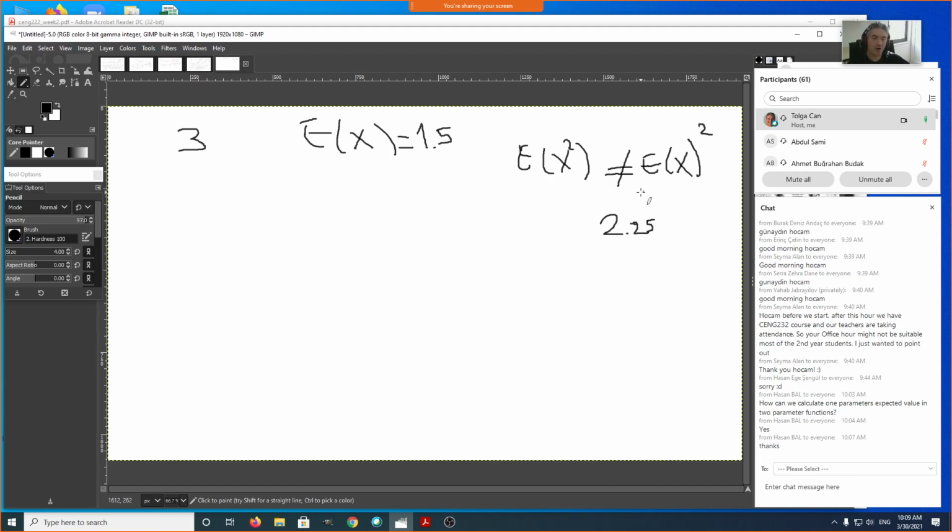So how are we going to compute the expected value of x squared? We are going to do it like this. For the 3 coin tosses, the possible values x can take are 0, 1, 2, 3, right?